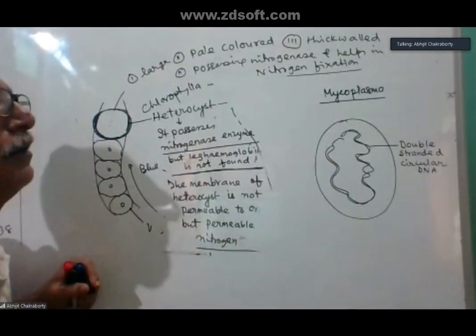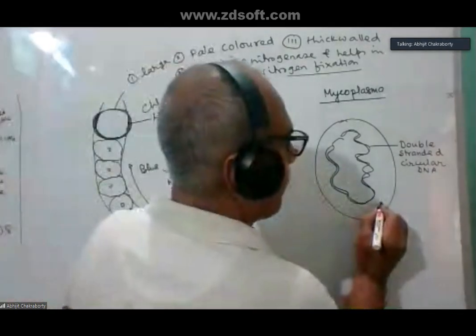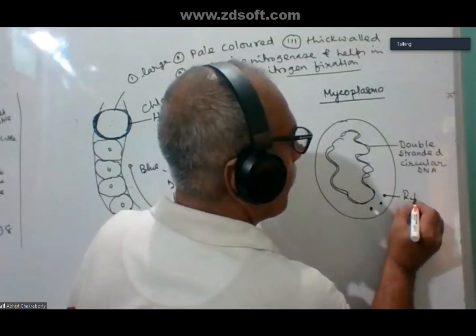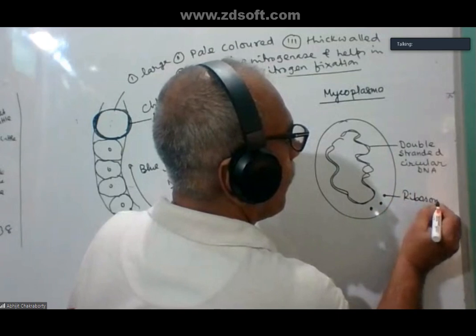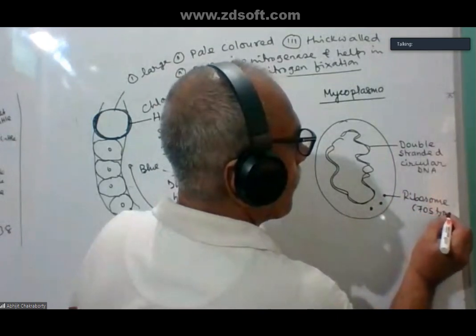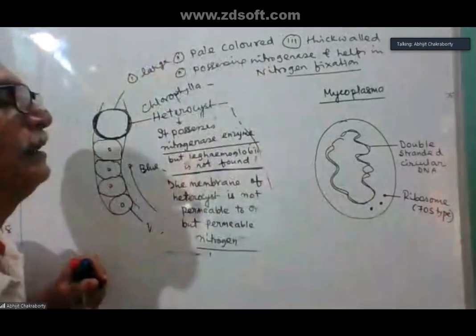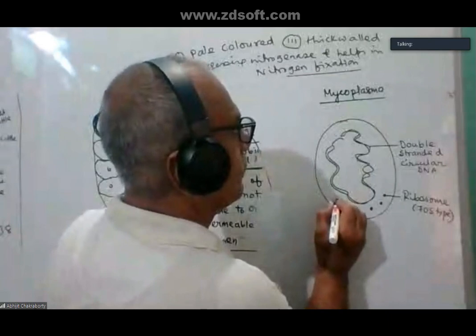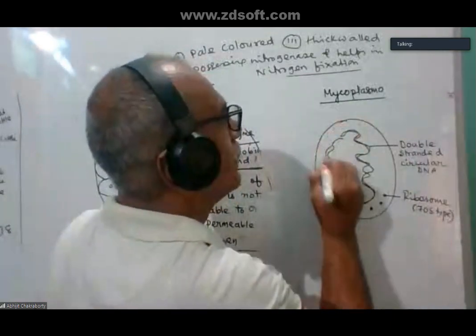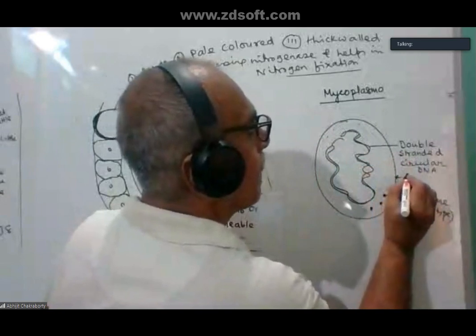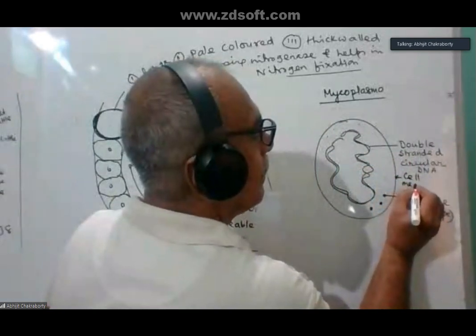Double-stranded circular DNA. Ribosome 70S type. Cell membrane.